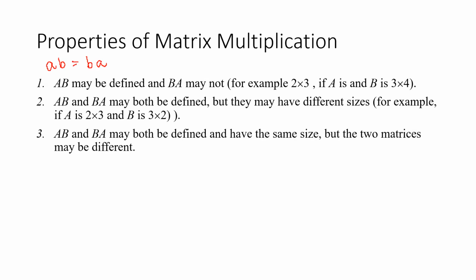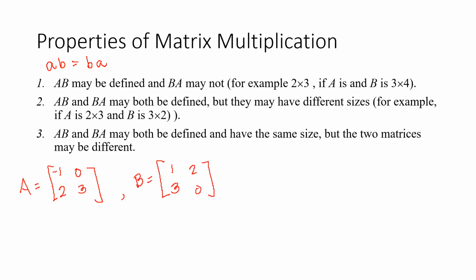So let's have an example. Let's say matrix A is equal to [-1, 2; 0, 3], and then our matrix B would be [1, 3; 2, 0].